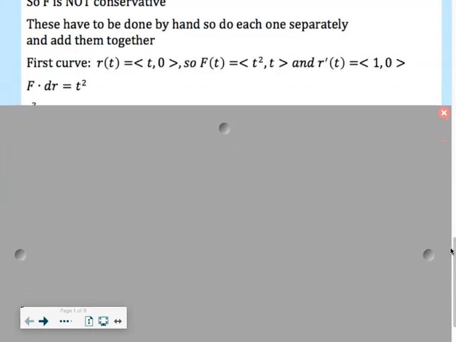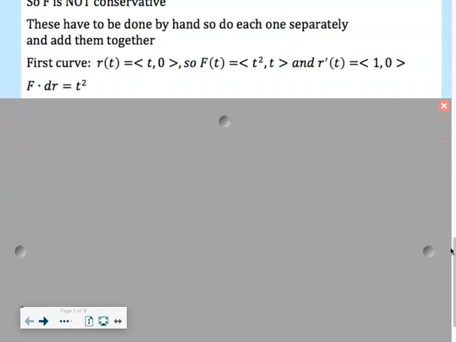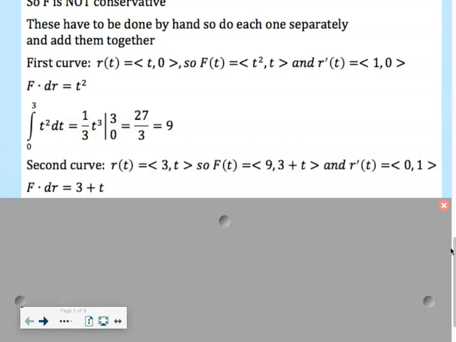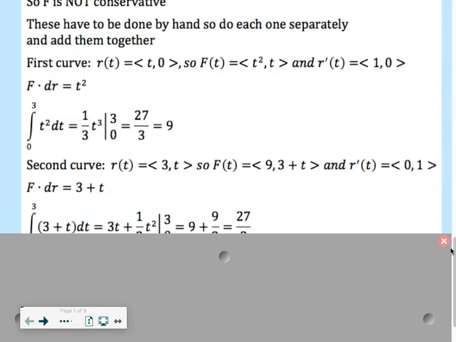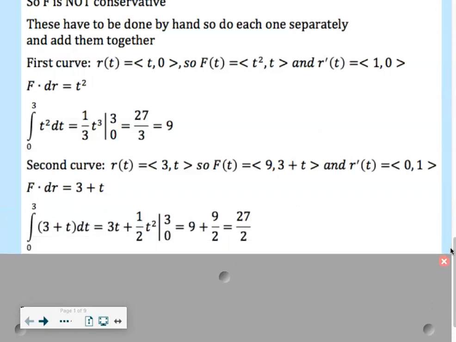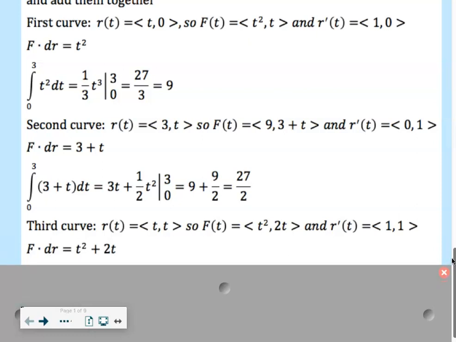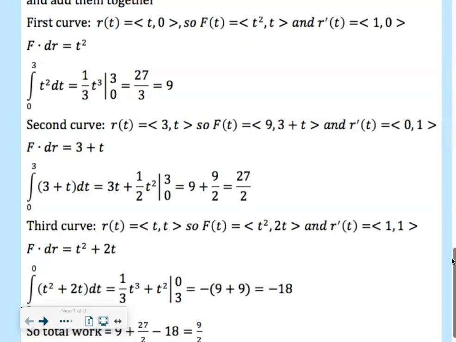All right, the last one, you had to rewrite your equations in parametric form. So I did each curve separately. I did T, 0 for my first curve, probably from 0 to 3. And then I did my second curve, which was 3, T, from 0 to 3 again. And then I did my third curve, which was T, T, and I did it from 3 to 0.